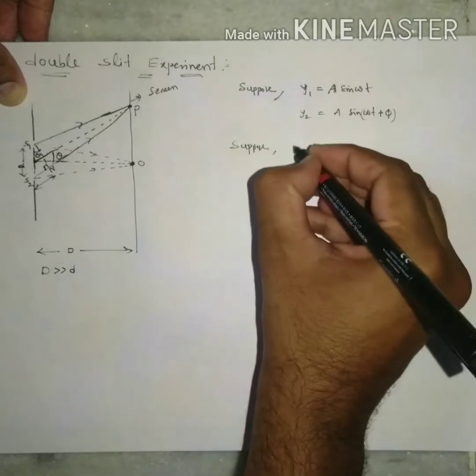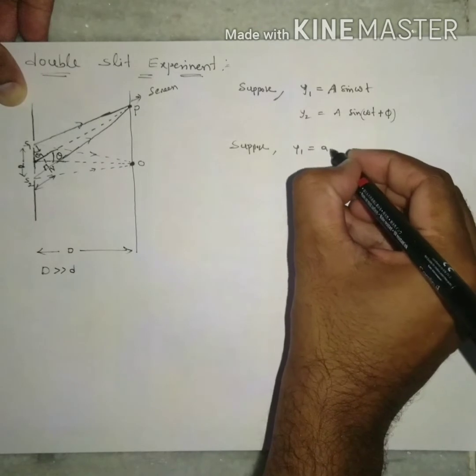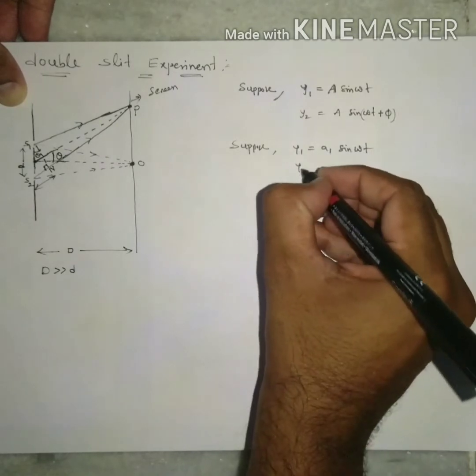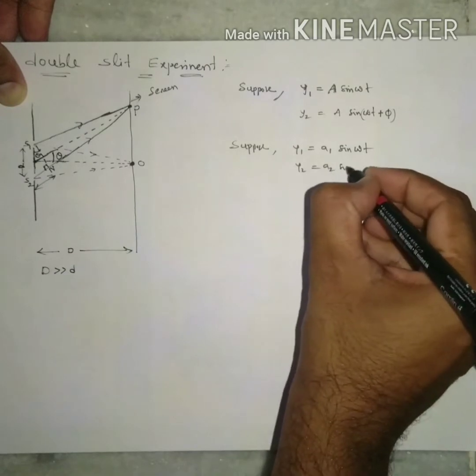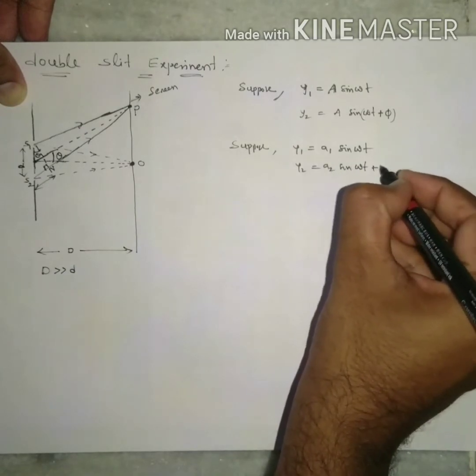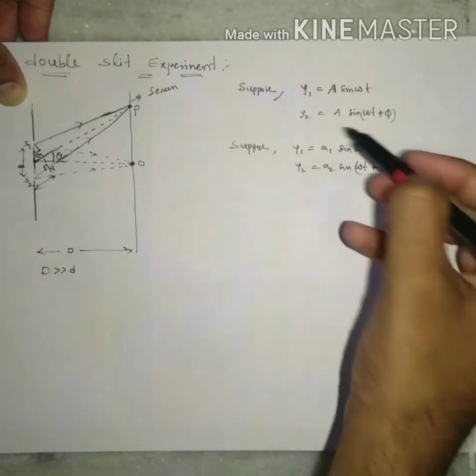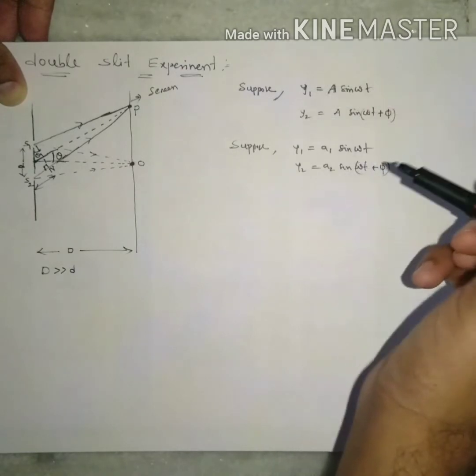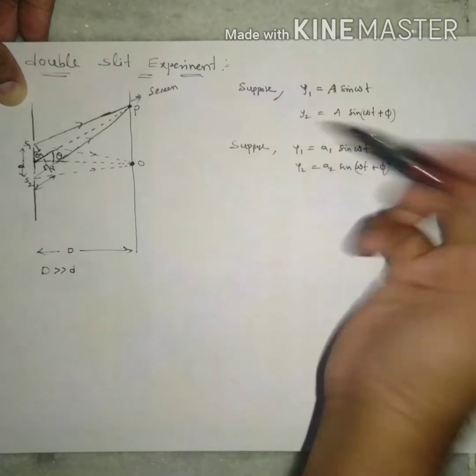Suppose amplitude may be different but frequency must be the same, so y1 equals a1 sine omega t, and y2 equals a2 sine (omega t plus phi). The amplitudes may be the same or different; for the same amplitude we use these two equations, and for different amplitudes these two equations.